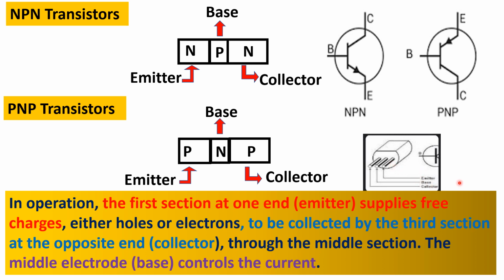This is how you're going to find out. The transistor itself has a certain surface that is flat. So you have to position this transistor in such a way that the flat surface is facing you.